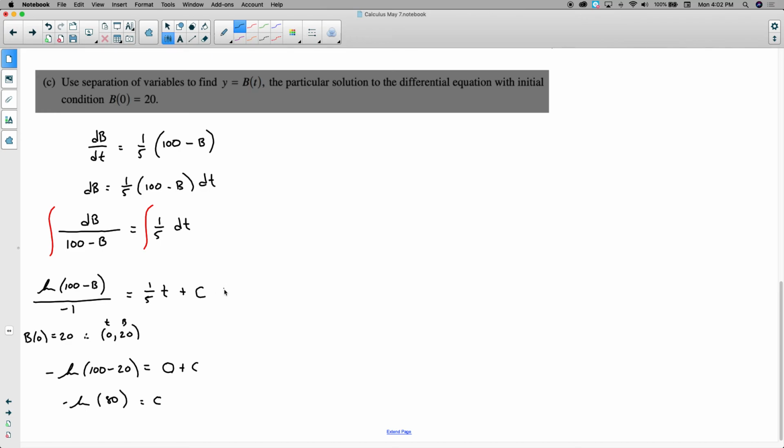I'm going to take a bunch of room here, and I have my formula, but I need to solve for b. So my formula is negative natural log of 100 minus b equals 1/5 t plus c, which I just found to be negative natural log of 80.